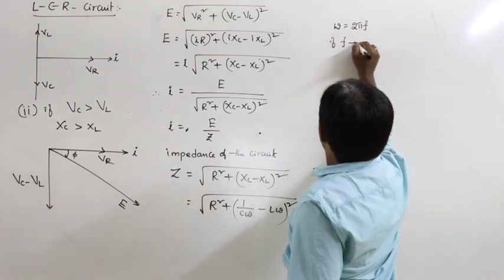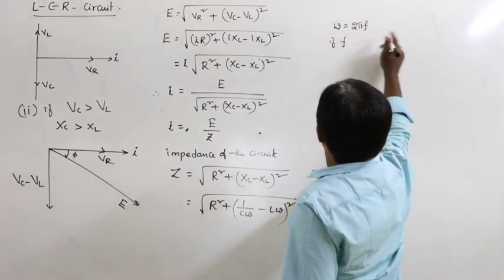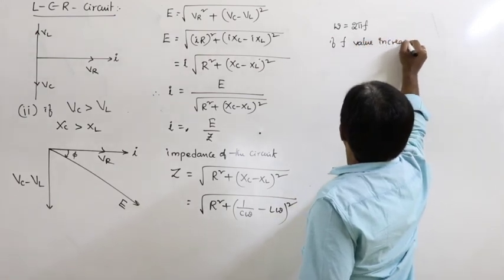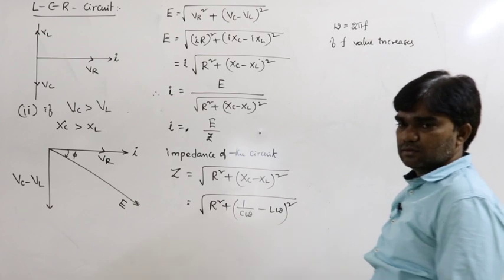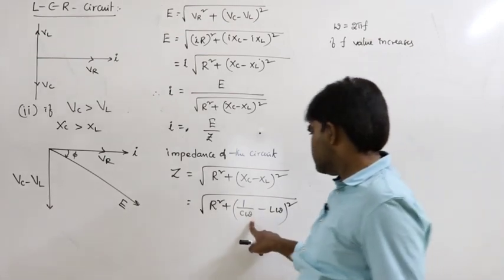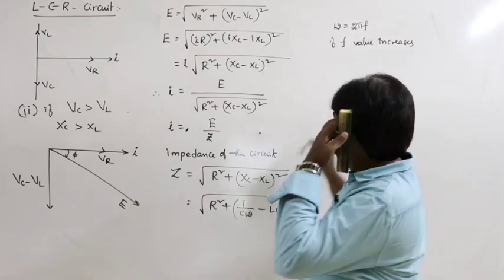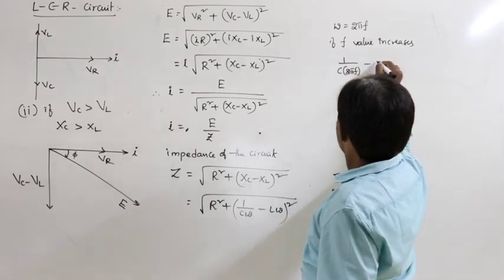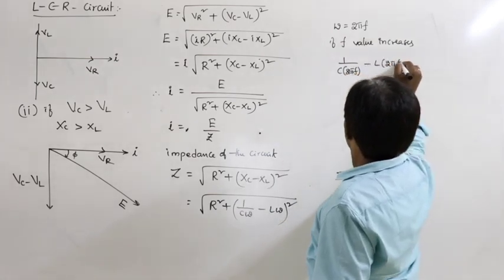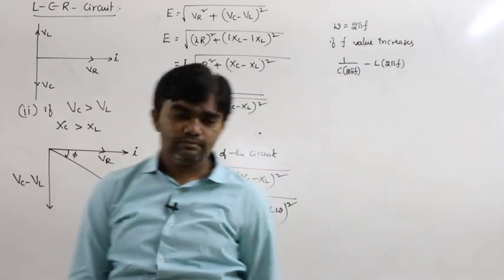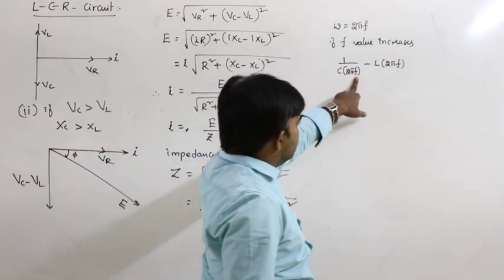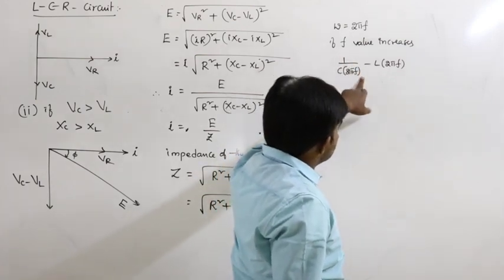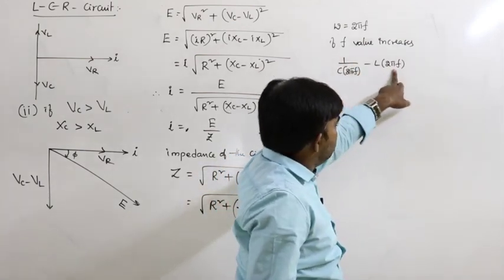Here, if the f value increases, what happens to the impedance? If f value increases, that is 1 by C into 2 pi f minus L into 2 pi f. If f increases, this total value decreases, and as f increases, this value increases.